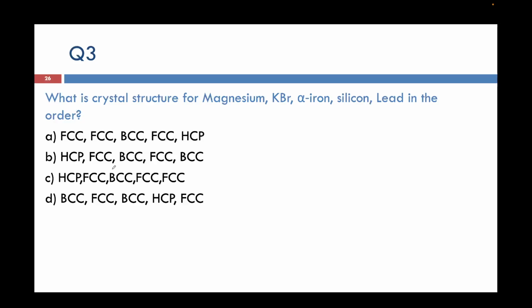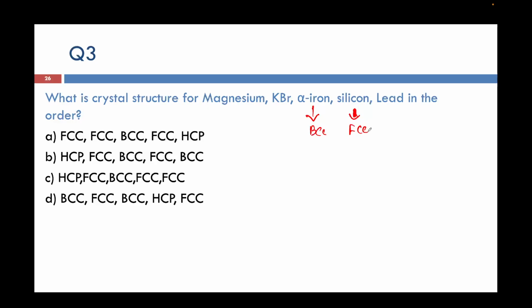Does any one of you know what the answer will be? Okay, so alpha iron, we know that it is BCC, and then silicon.